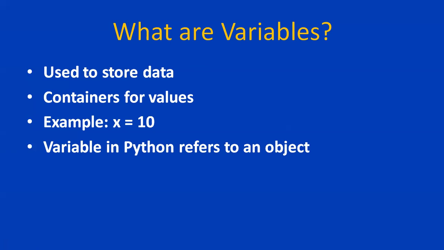The value of a variable can be a number, a string, or any combination of alphanumeric characters. We can also use an assignment statement to create a new variable and assign specific values to it. Here we are using x is equal to 10. This assignment operator must be used for assigning a value to the variable.